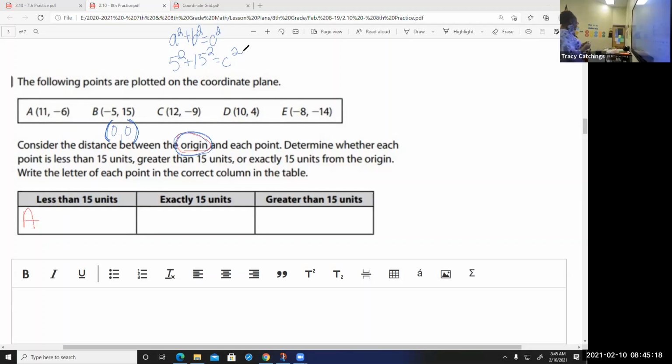We should know 5 squared on top of our head. All right, and then add that together, LaShayla.